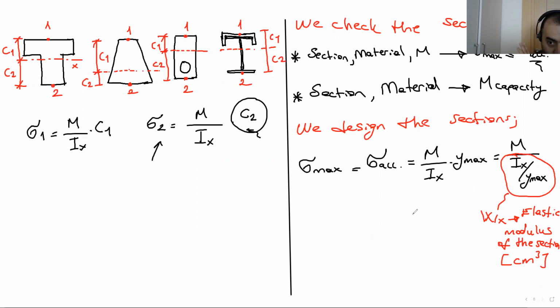Okay, don't forget this one. We don't know. Design means to determine the dimensions of the section. We don't know it at the moment. So this is Wx. So we can calculate the Wx. Wx equals M over sigma allowable. So this is the required.